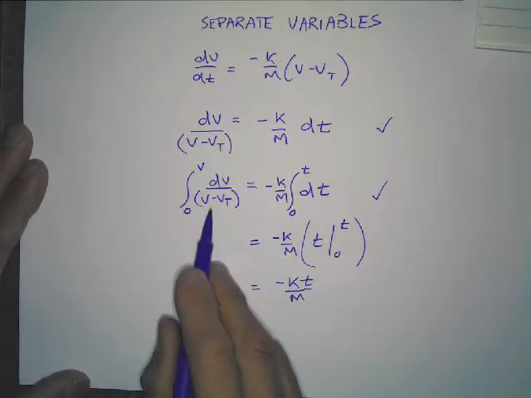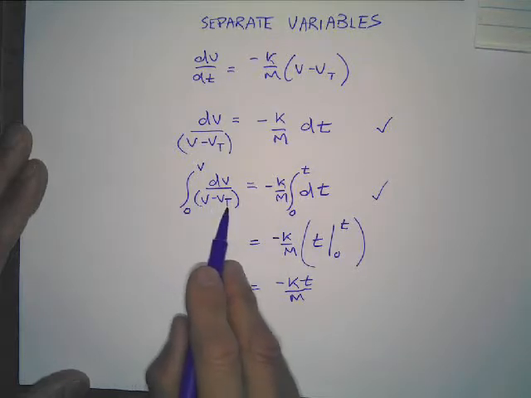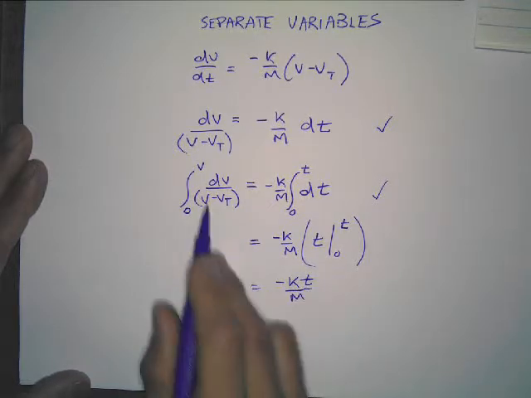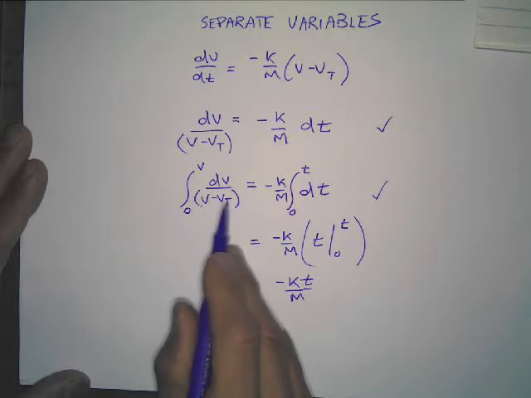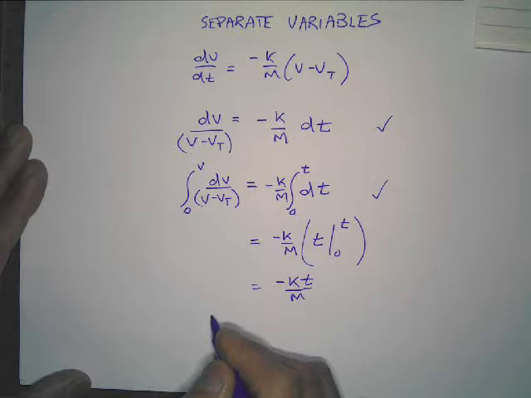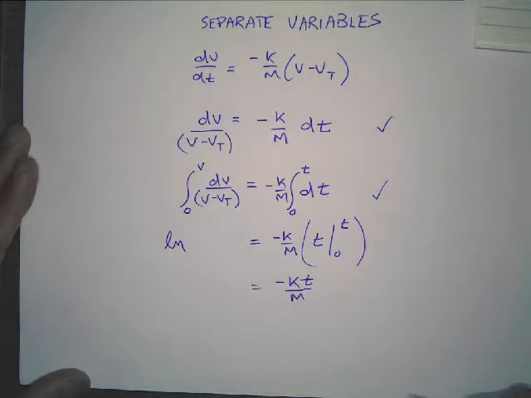On the other side, we want to take the integral of this function, v minus vt, and I'm just going to write down the answer first and then justify it later. You've got basically 1 over v minus a constant. So the integral you should be thinking of here would be the integral that shows up for 1 over anything. In other words, the log integral.